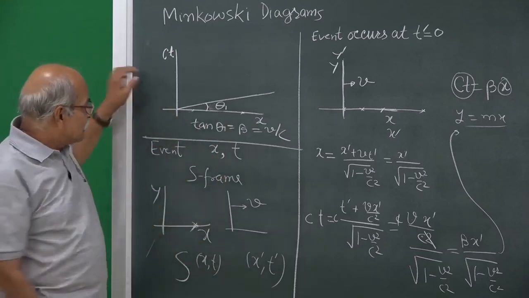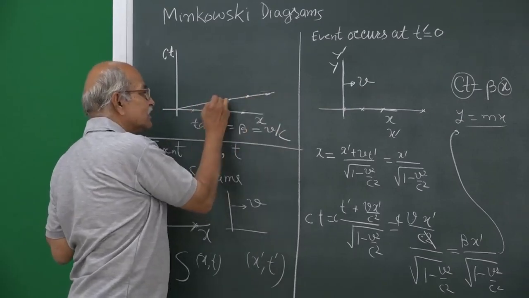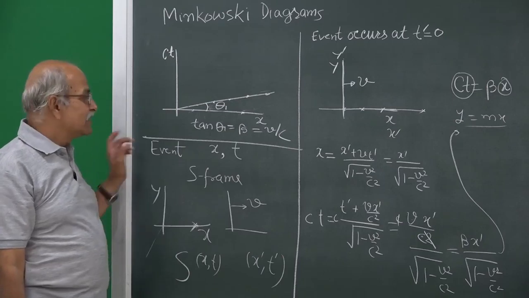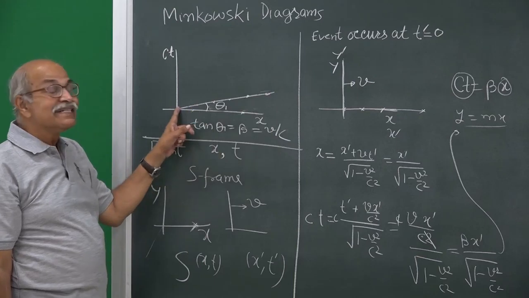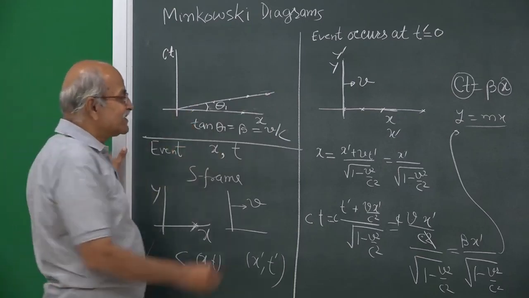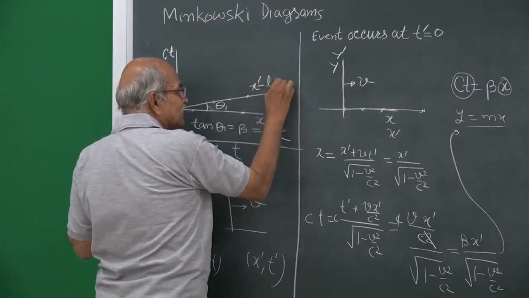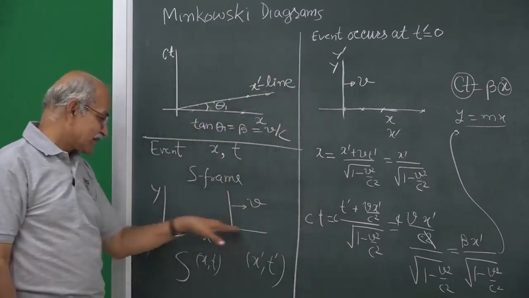Now, look at this. You have a straight line here. Choose any point; they represent different events, but for all these events t prime is equal to 0. So, I will write it as x prime line. I do not want to call it x prime axis, because the x prime axis is here, this is the x axis.